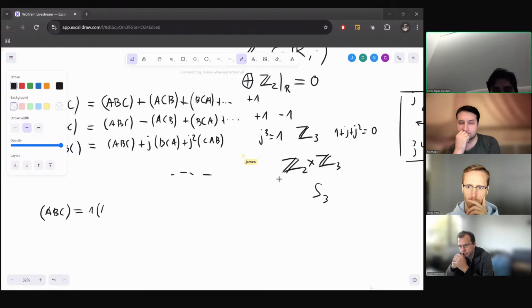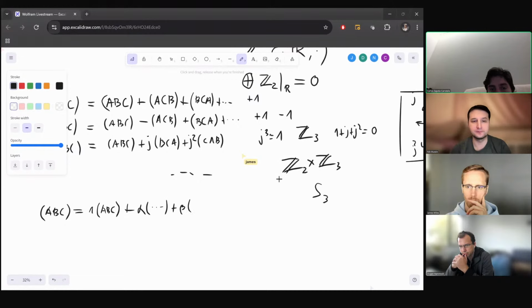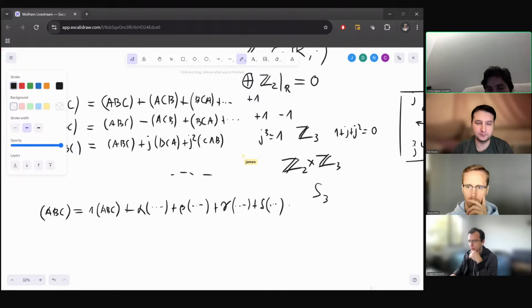The first one is ABC, plus some alpha, some value, times 1 permutation, plus beta times some permutation, plus gamma times some permutation, plus delta times some permutation, plus epsilon times some permutation. So that's 6 of them, right? So I have 6 terms, one per permutation of S3.